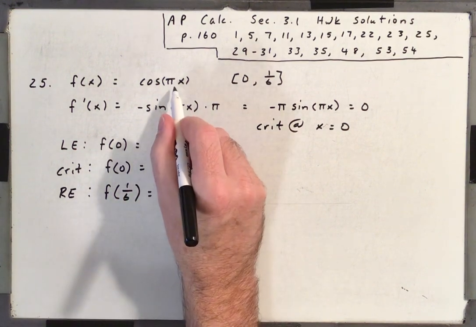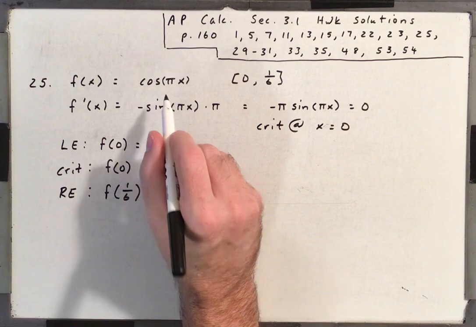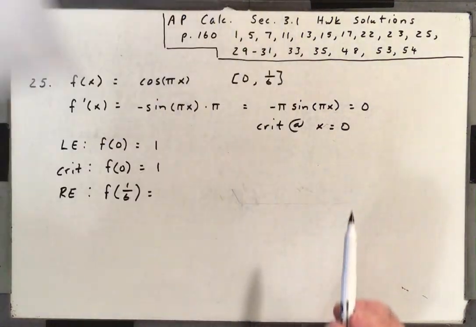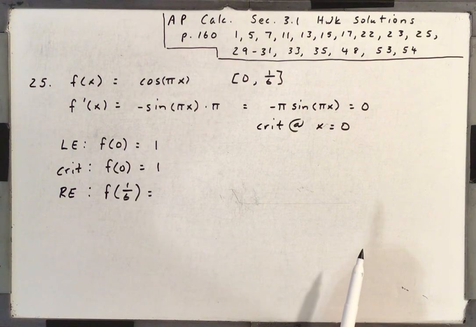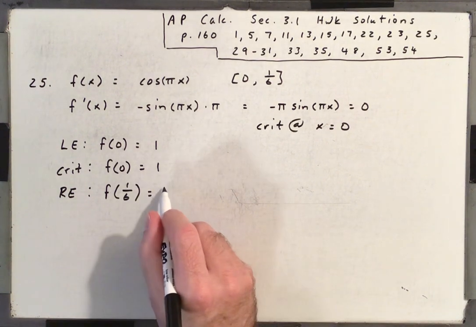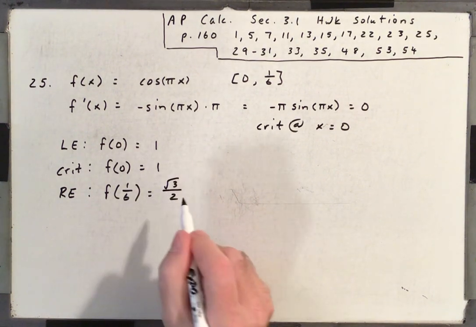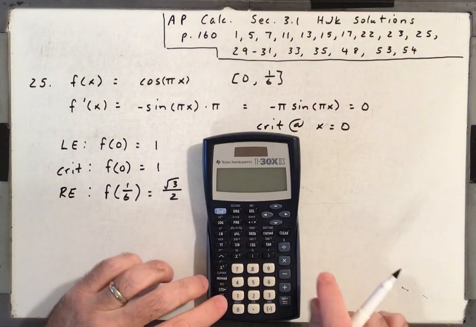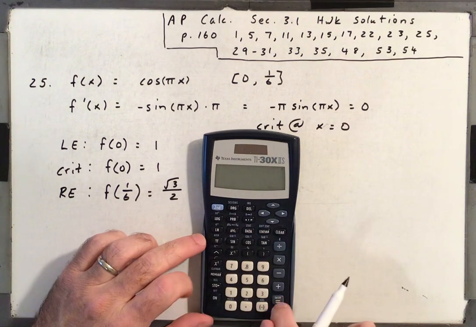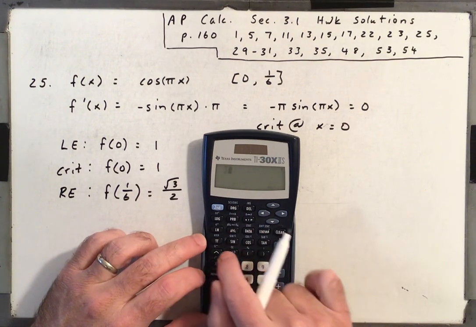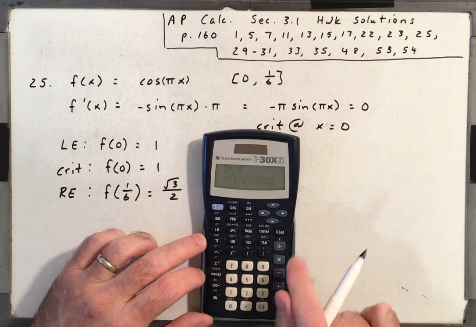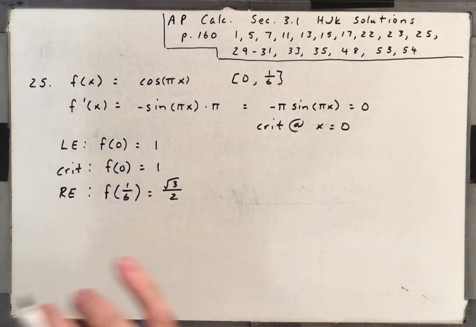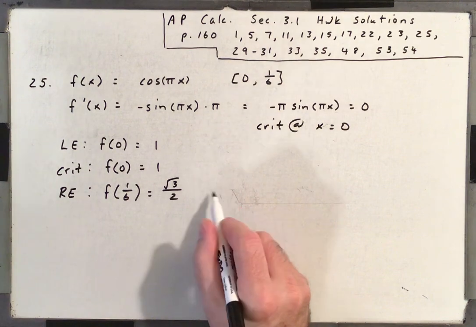That's the cosine of pi over 6. So the cosine of pi over 6 is square root of 3 over 2, right? Okay, so the square root of 3 over 2, I believe, is less than 1, isn't it? Let's see. Square root of 3 divided by 2 is 0.866. So that's actually going to be a min.